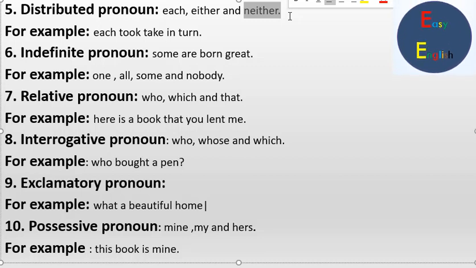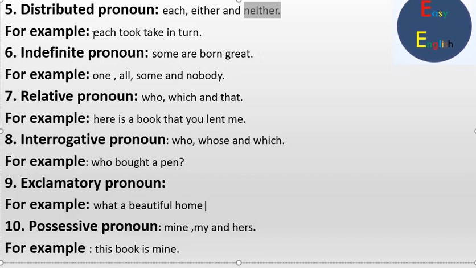It is the negative of either. For example, we can take this example: these men receive each a reward. Here each shows distribution, separated by one rather than collective, and is an example of distributive pronoun.